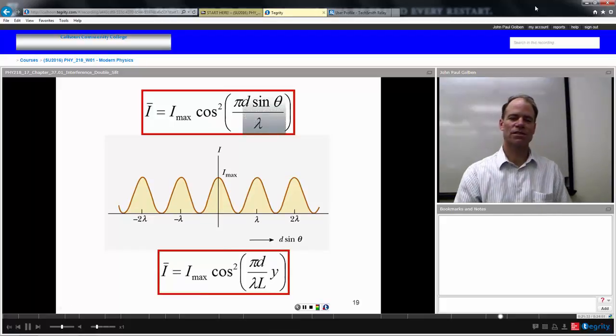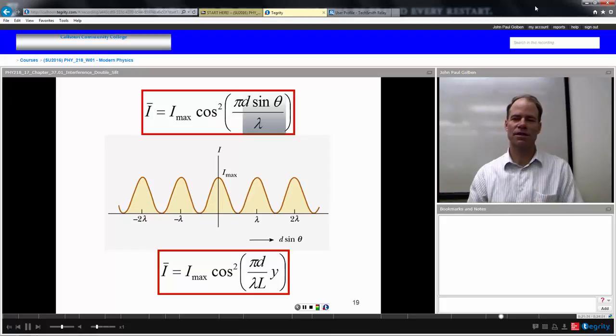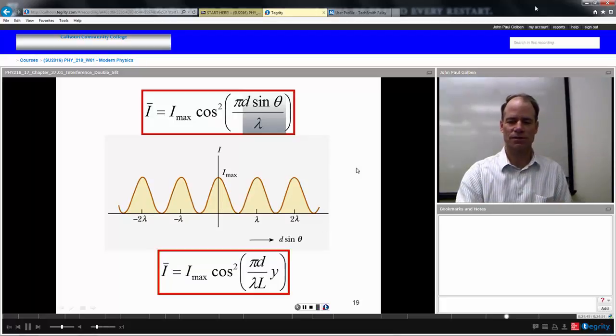Or we equivalently could substitute in for the sine theta as y over L, and we could say that our intensity is equal to I max cosine squared pi d over lambda L times y. Same kind of distribution function.